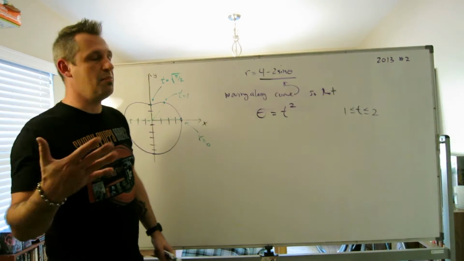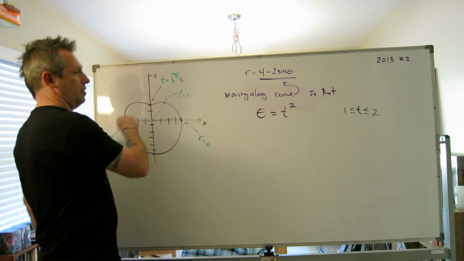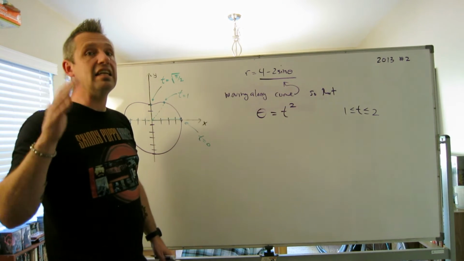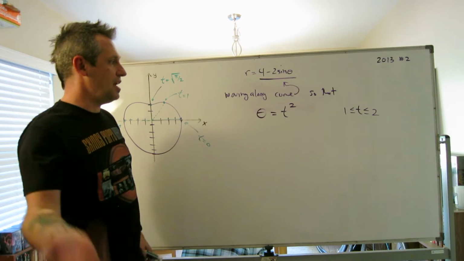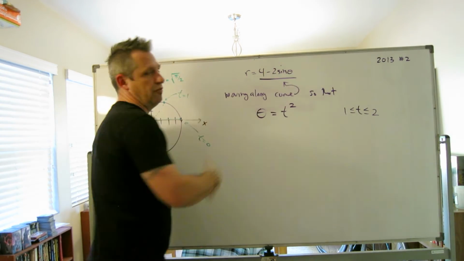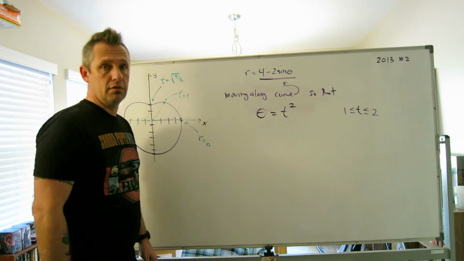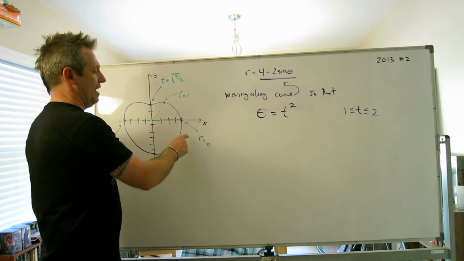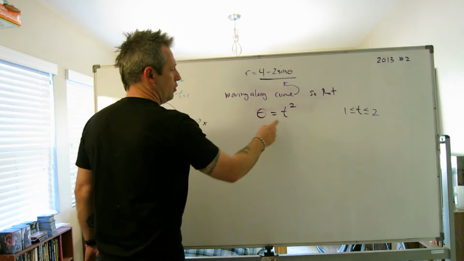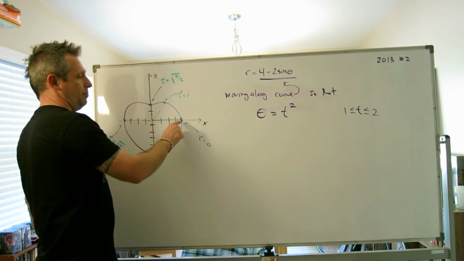They're telling us that a particle is moving along this curve so that at any time t, the angle that you would plug in to figure out where the particle is is theta equals t squared. So for example, at time 0, I'd get theta equals 0, and that puts me right there.